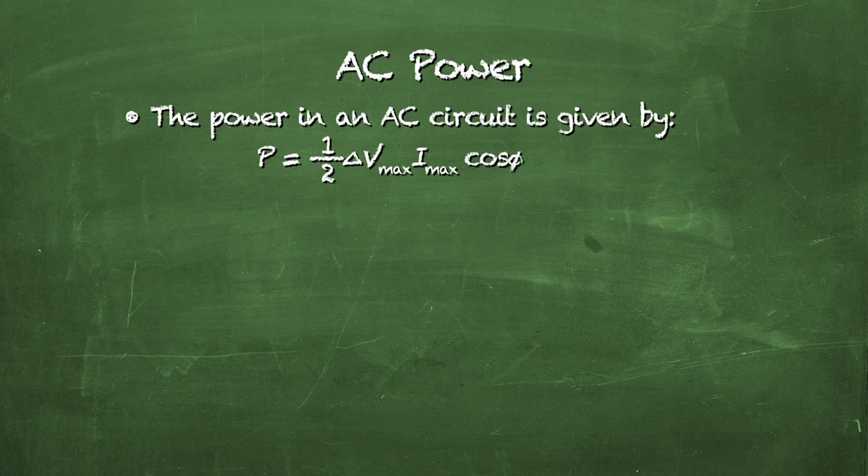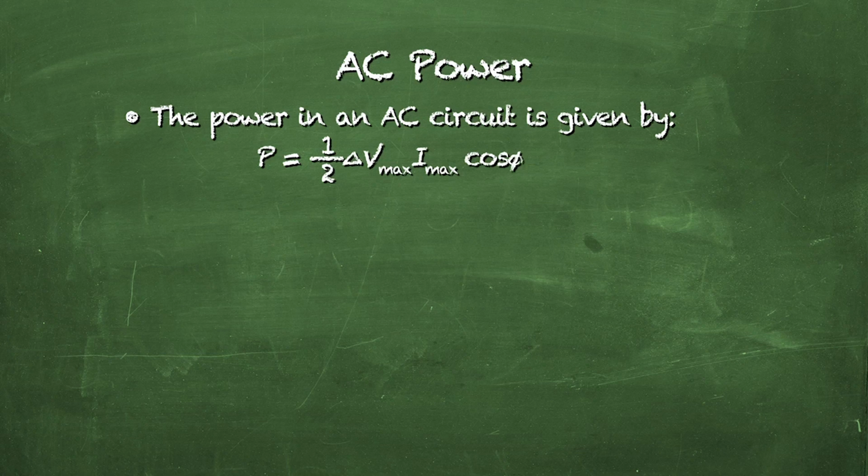When they are out of phase, we have less power, whether it's a positive phi or a negative phi. And if we go all the way to being 90 degrees out of phase, cosine of phi is 0.